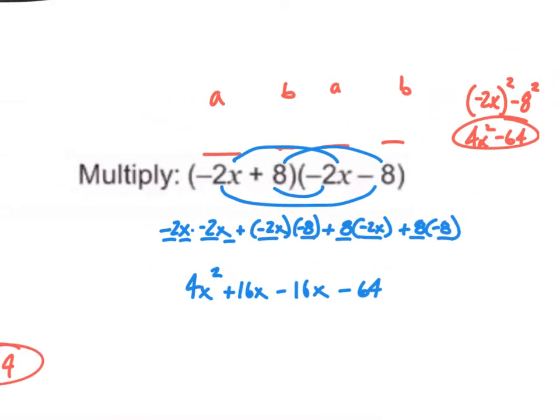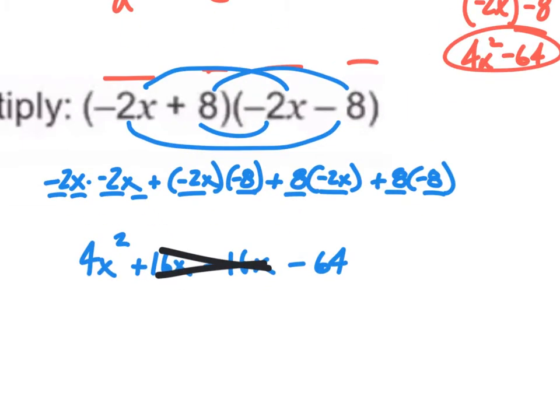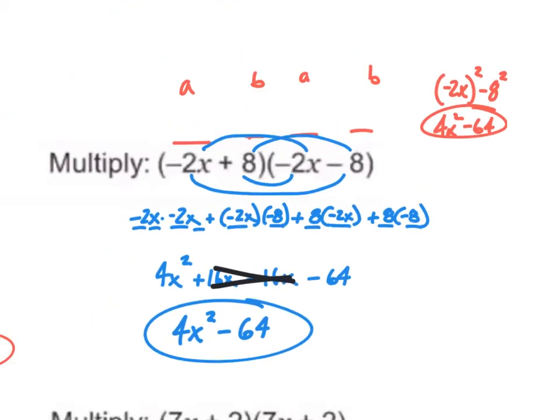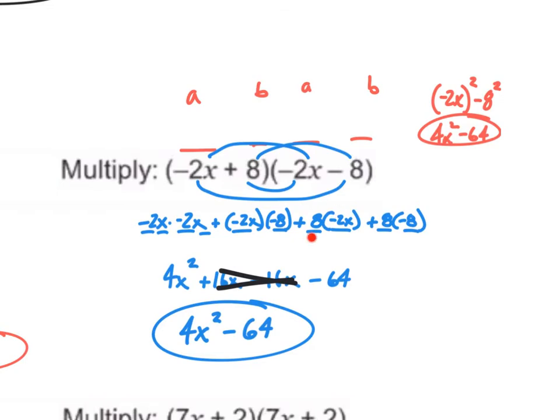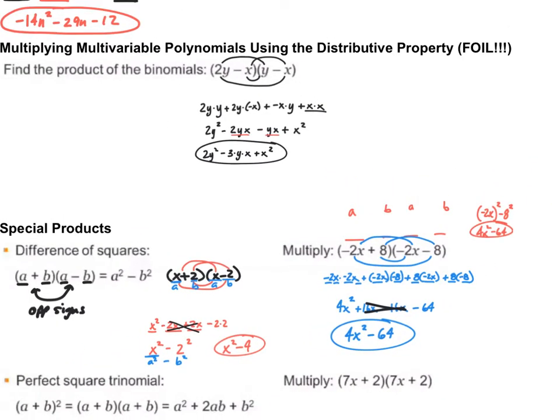Now if I've got 16x minus 16x, that middle section goes away, it adds to 0. So I end up with 4x squared minus 64. As a rule of thumb, go ahead and just FOIL everything out, that's fine, but there are faster methods using these special properties of the difference of squares.